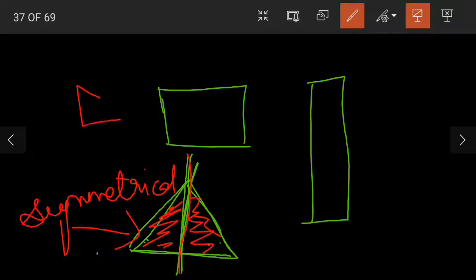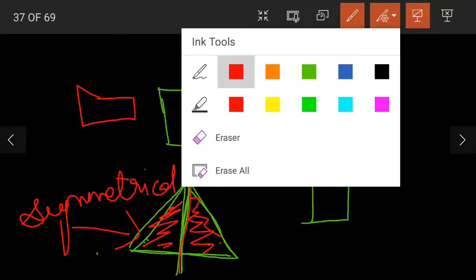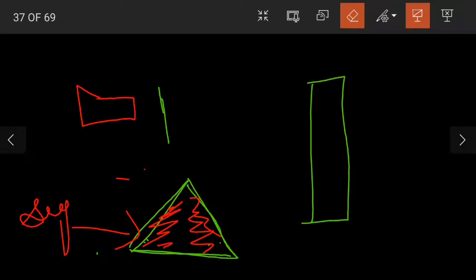Now suppose I have a shape like this. Look at this shape here, children, the one in the red color. Let us erase the remaining one so that you will not get confused. Now can I fold it in such a way that both the halves will be exactly the same? If I fold it here, see, this will be an extra.